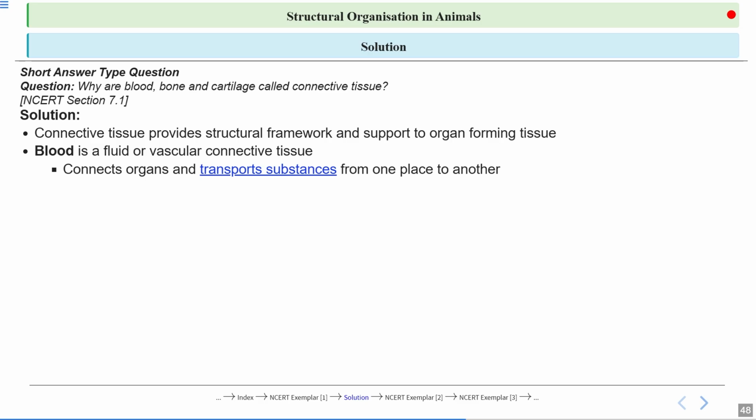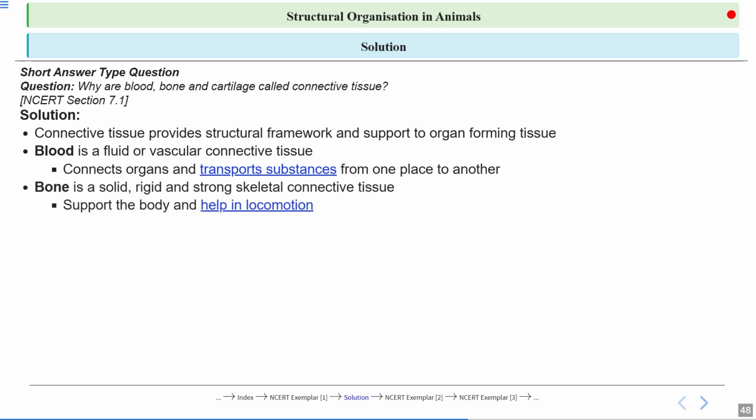Not only this, different organs that are present inside the body are connected to the heart through the channels, through the vessels, right? So this connects organs and transports substances that are important to our body. Nutrients, oxygen, removal of nitrogenous waste material through this blood only, right? So the connection between the organs is done by this blood only.